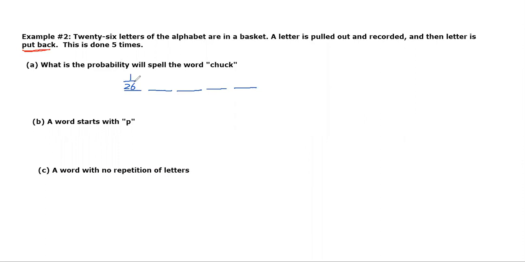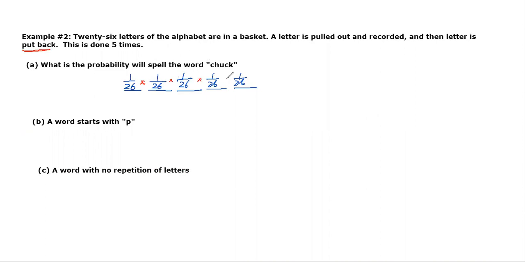Then you put it back. Now the next one here: what do you choose? You still have 26, and now you choose H. Then this is another 26, this is another 26, and this is another 26. Because in order to spell chalk, it's "and," so the first one has to be C and the second one has to be H, right? So what do you do here?